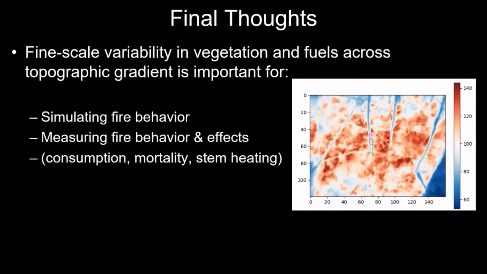Okay, so final thoughts is that fine scale variability in vegetation and fuels across topographic gradient is important for simulating fire behavior, for measuring fire behavior and effects. Now, we didn't talk about this today, but there were a lot of measurements done on consumption and mortality and stem heating estimations that we're doing.